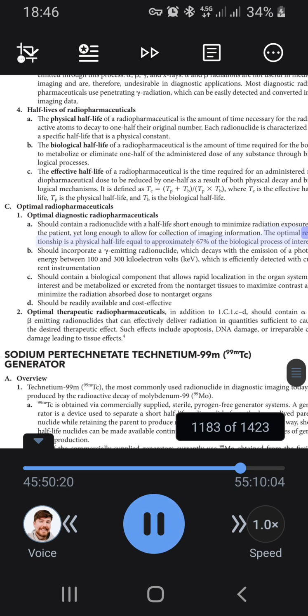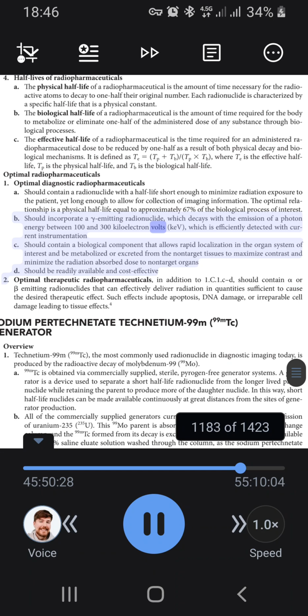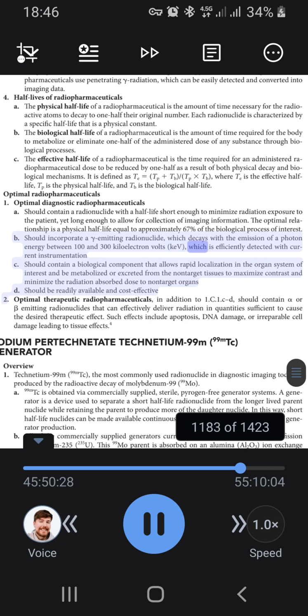The optimal relationship is a physical half-life equal to approximately 67% of the biological process of interest. B. Should incorporate a gamma-emitting radionuclide, which decays with the emission of a photon energy between 100 and 300 kiloelectron volts (keV), which is efficiently detected with current instrumentation.